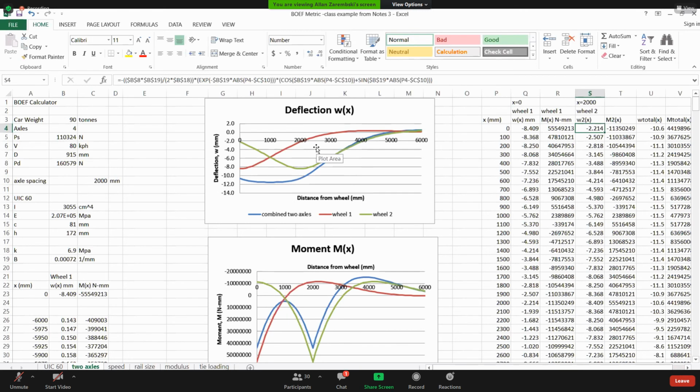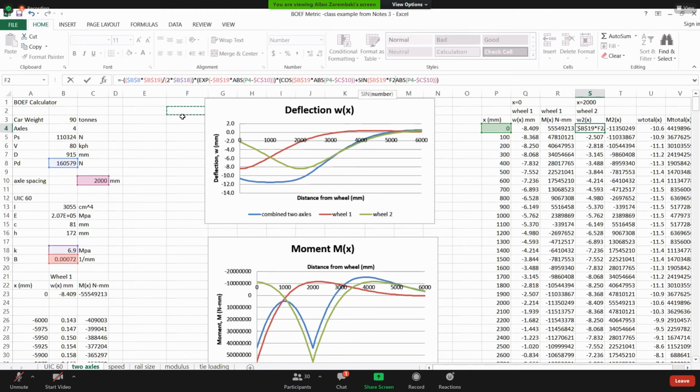I can't shift my x-axis. That would make it much too complicated. So my second wheel now starts at 2,000 millimeters. So I have x minus 2,000 in my exponent, in my cosine term, and in my sine term, and I use the absolute value because 0 minus 2,000 is a negative value.